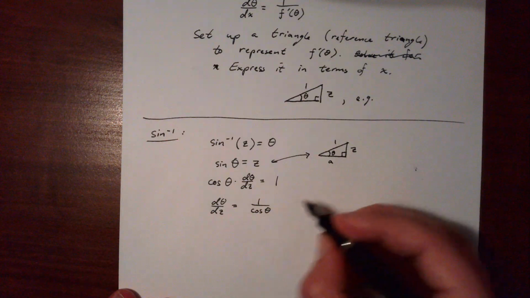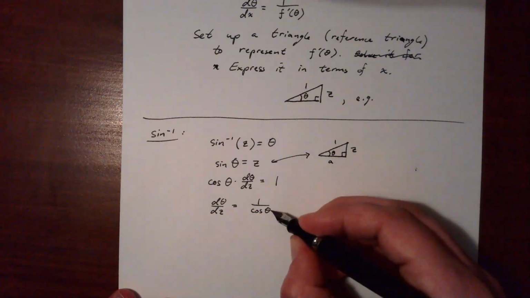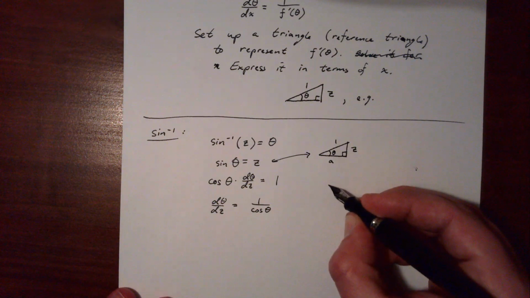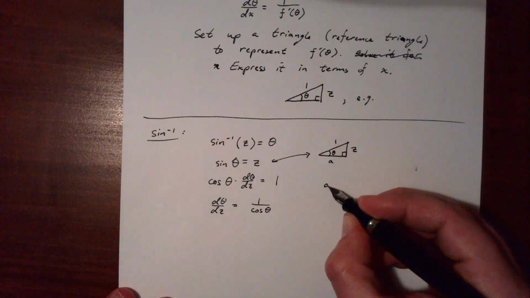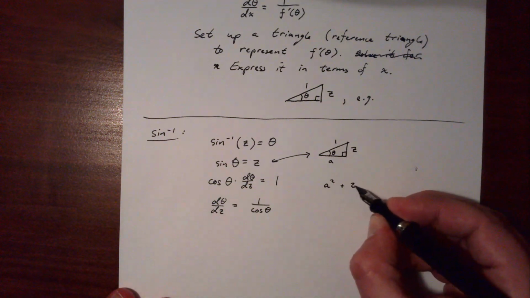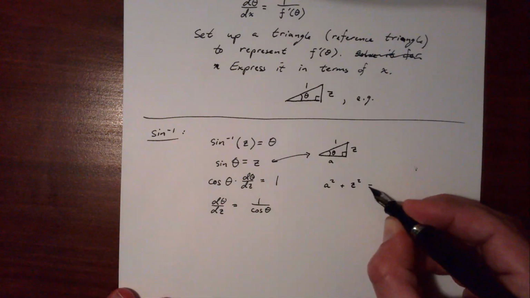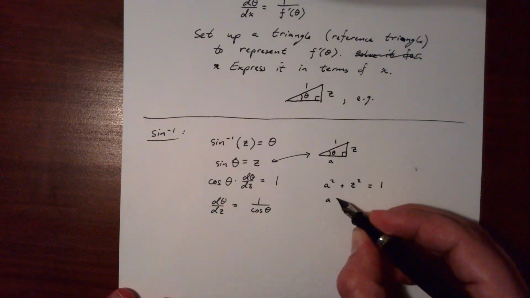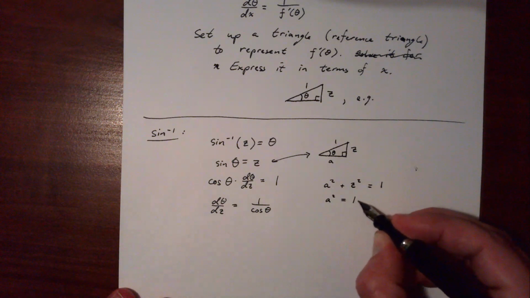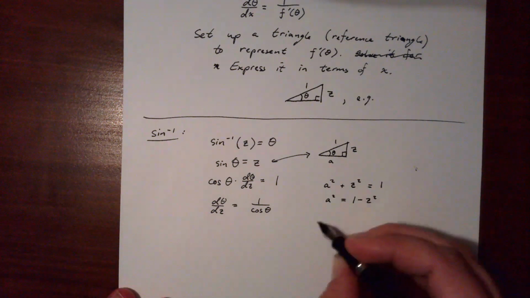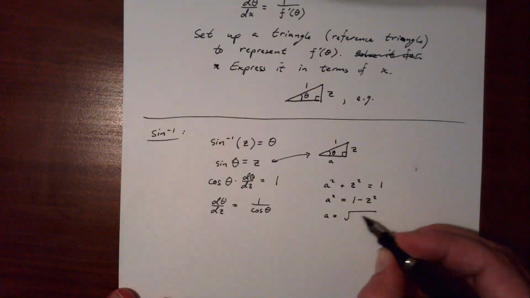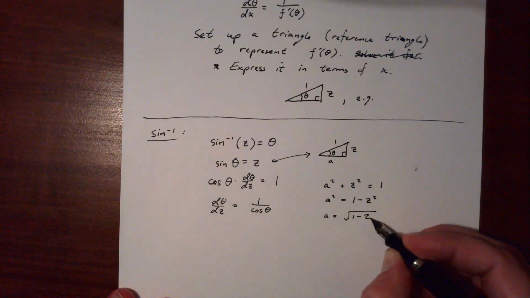So in order to find the value of that, what I need to use is the Pythagorean theorem. So a squared plus z squared equals 1. A squared equals 1 minus z squared.